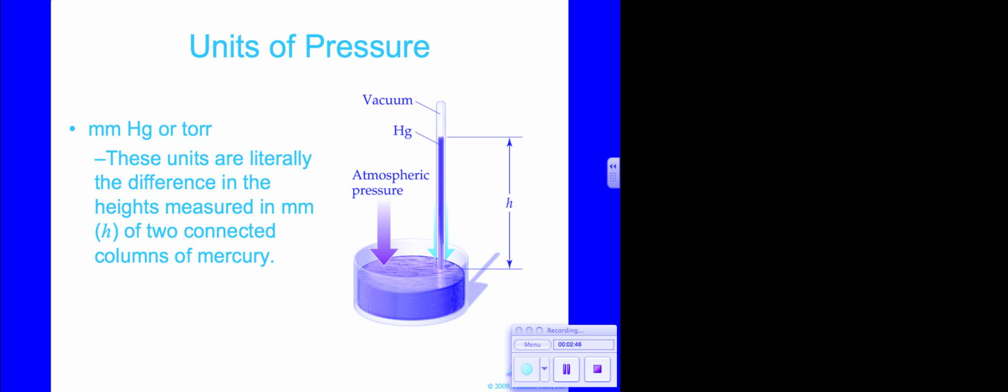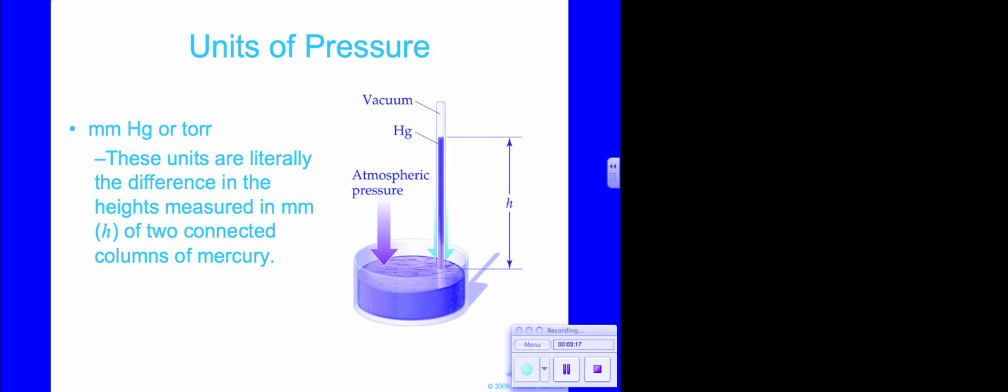Another unit is millimeters of mercury, or torr. These are basically defined by the change in height in millimeters of mercury. Let's say you take a dish of liquid mercury metal, very dense, very heavy, and you fill a glass tube with mercury as well.